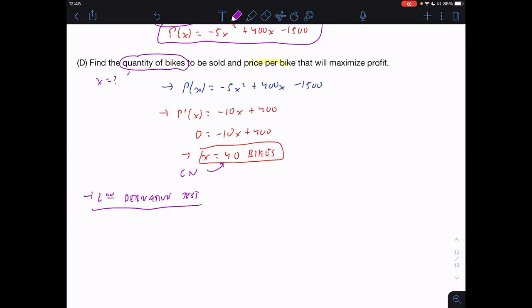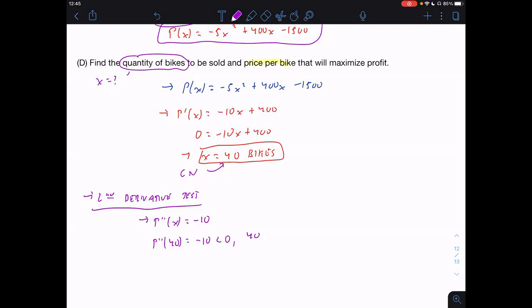All right, so first we've got to find the second derivative. So P double prime of x. The second derivative of negative 10x plus 400 is just negative 10. Which means our second derivative evaluated at this critical value of 40, well, since the second derivative is just a constant, then at 40 our second derivative will still be negative 10, which means that it's less than 0, which means that 40 will give us a maximum value.